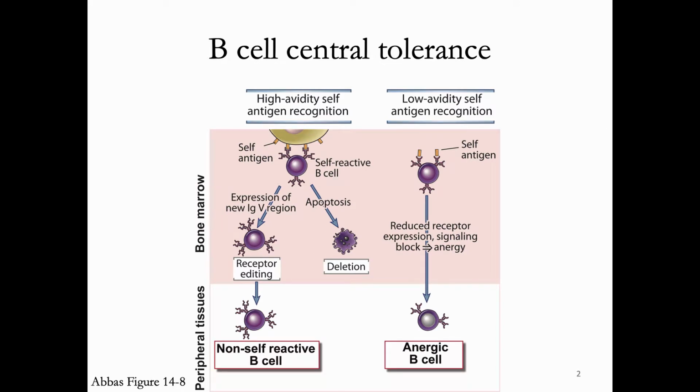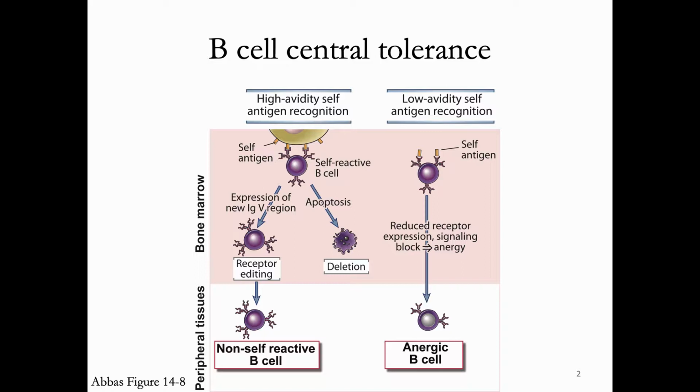We've talked about the ways that central tolerance happens in both B cells and T cells already. So central tolerance is a tolerance mechanism that happens during development of our B cells or T cells. And so this is a process that you've seen before in terms of B cell central tolerance.